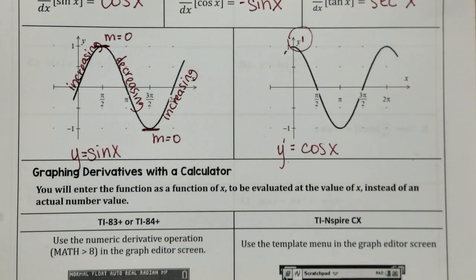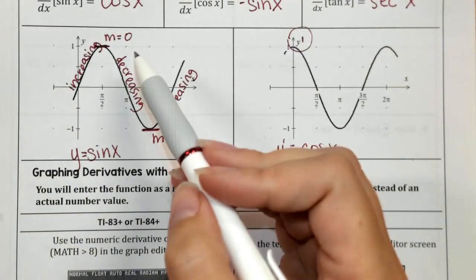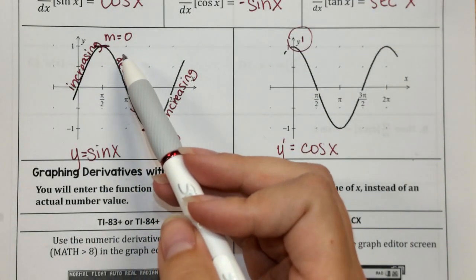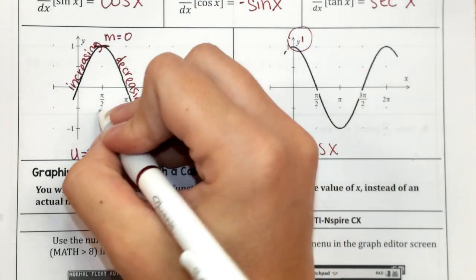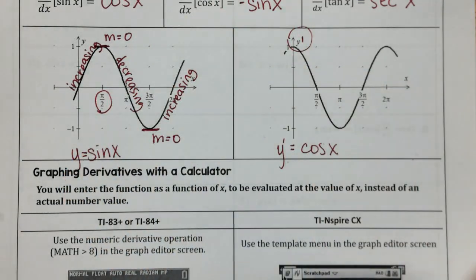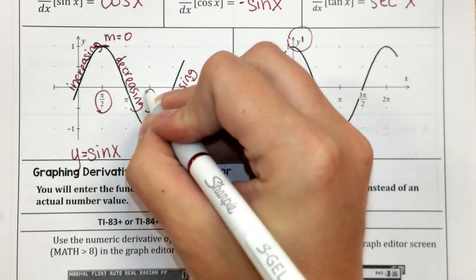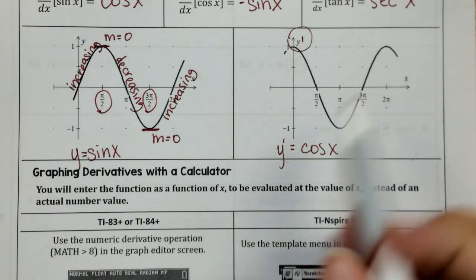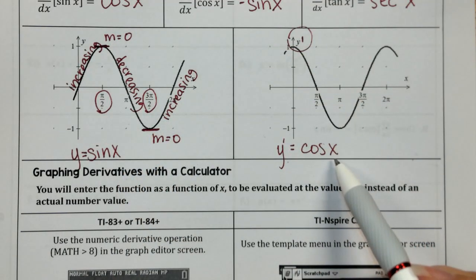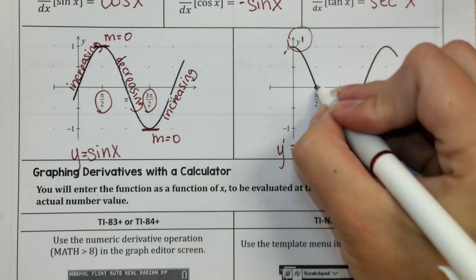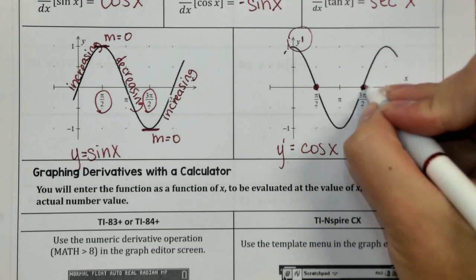So let's first note 2 things. Number 1, let's note where my slope is 0, which is going to be at pi over 2 and 3 pi over 2. Look over here on the cosine of x graph. At pi over 2 and 3 pi over 2, what are those?